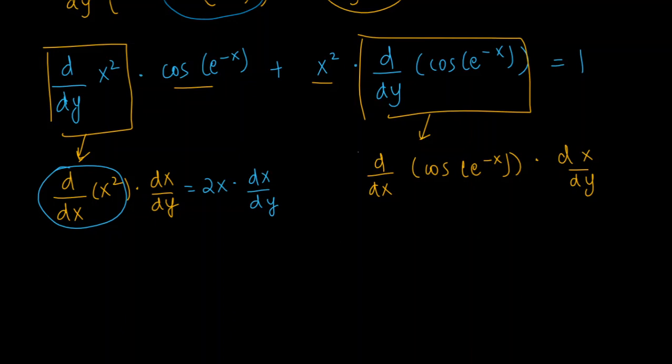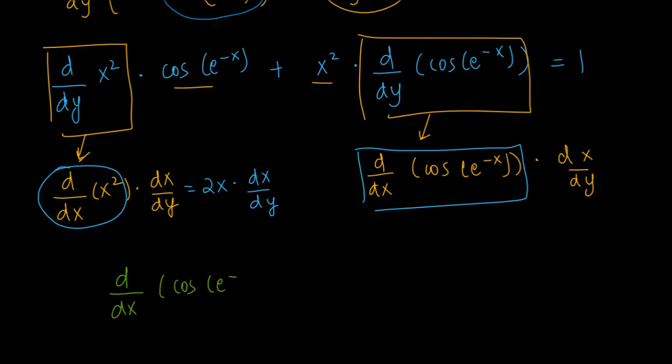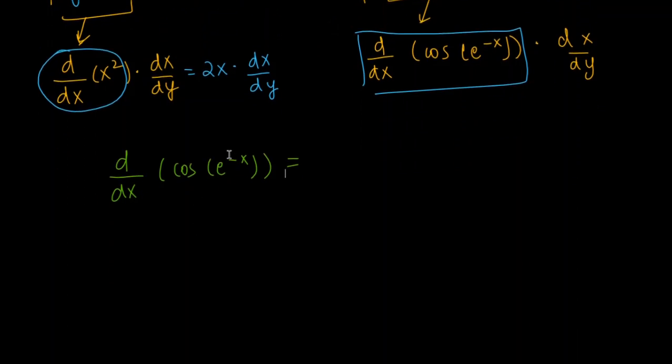The only thing that we don't know yet is this. So let's figure that out, and this problem will be out of our way. So we have to differentiate cos of e to the power of negative x. This right here, you can see it's a chain rule. It's a composite function. E to the power of negative x is inside cos.